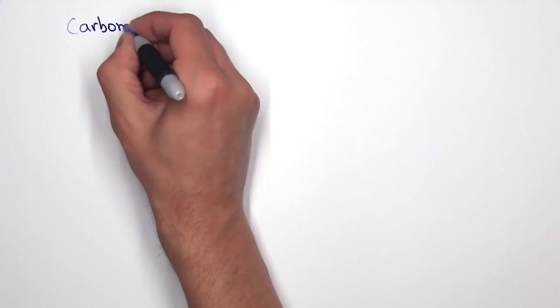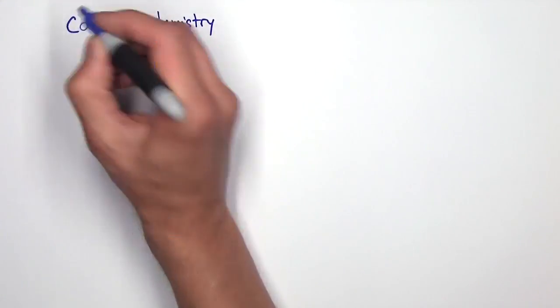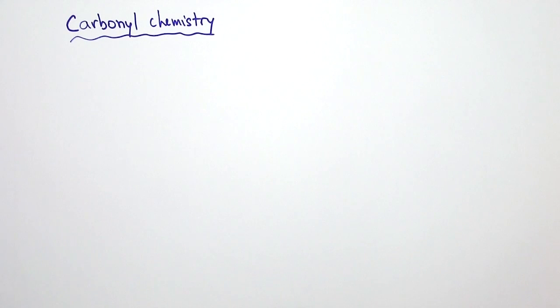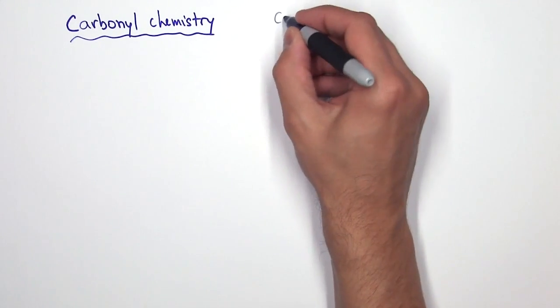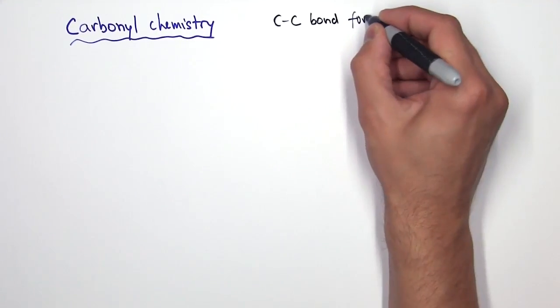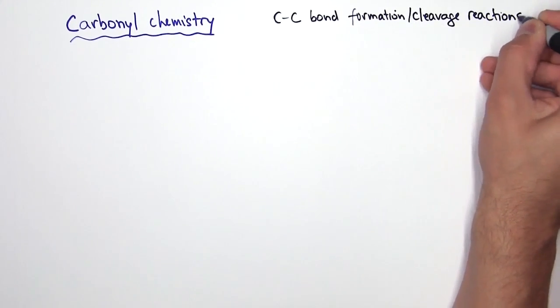In this video, we're going to be talking about carbonyl chemistry. And as we will see, carbonyl chemistry is fundamental for some of the carbon-carbon bond formation and cleavage reactions.